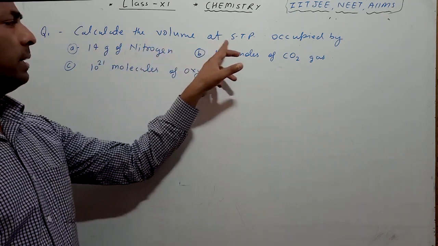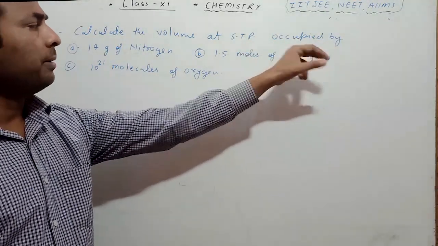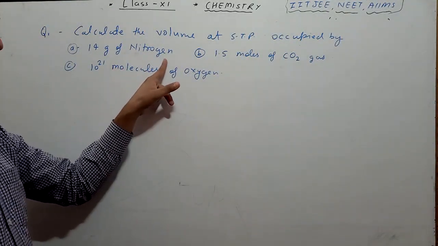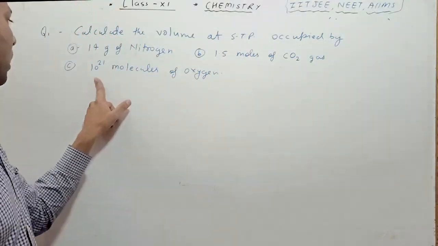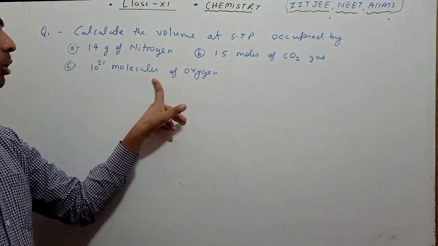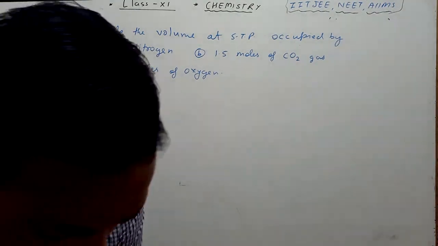Calculate the volume at STP, standard temperature and pressure, occupied by 14 gram of nitrogen, 1.5 moles of CO2 gas, and 10 to power 21 molecules of oxygen. These are three questions. So look how to calculate this question.